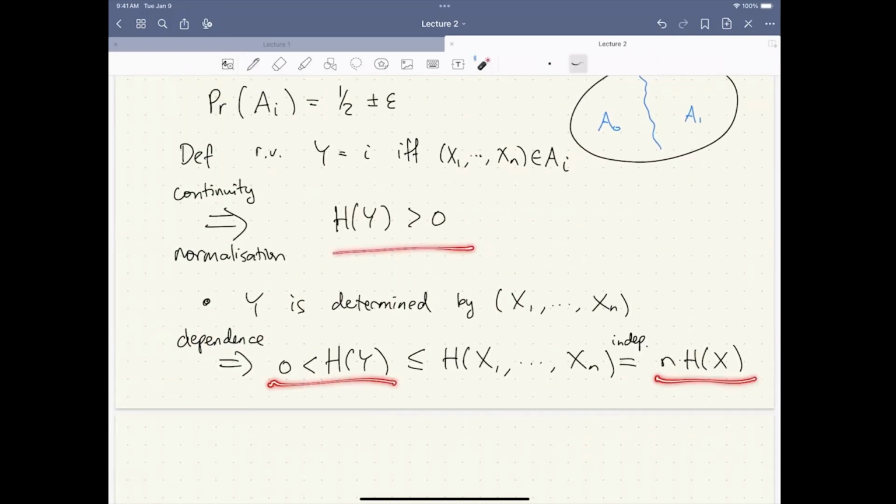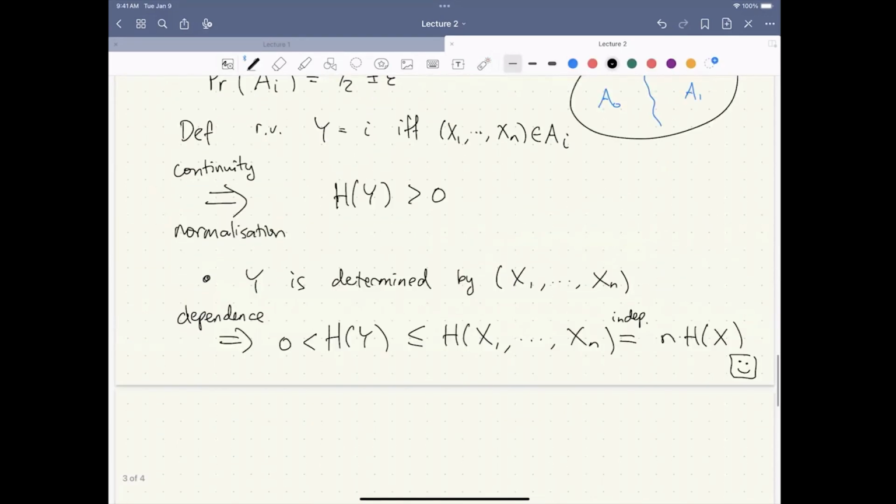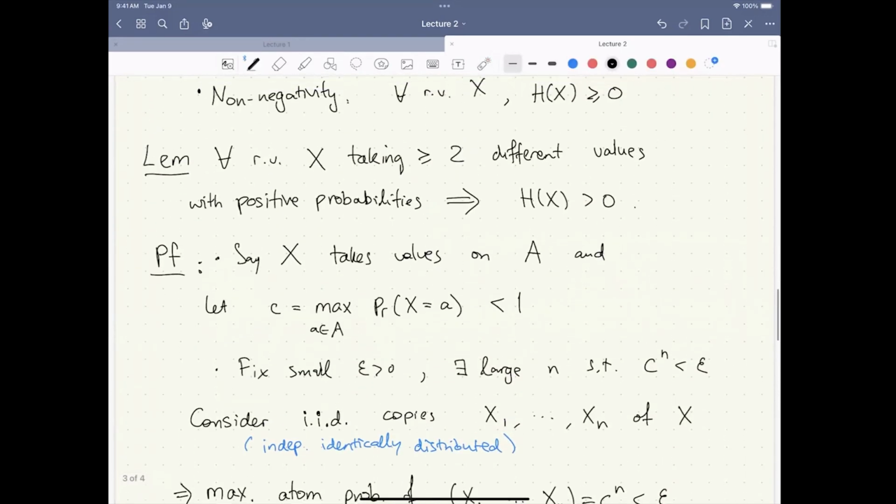We are done. Divide both sides by n, the entropy of X is positive. All right. So let's prove this dependence property, which I forgot. Okay. Any question about this proof?